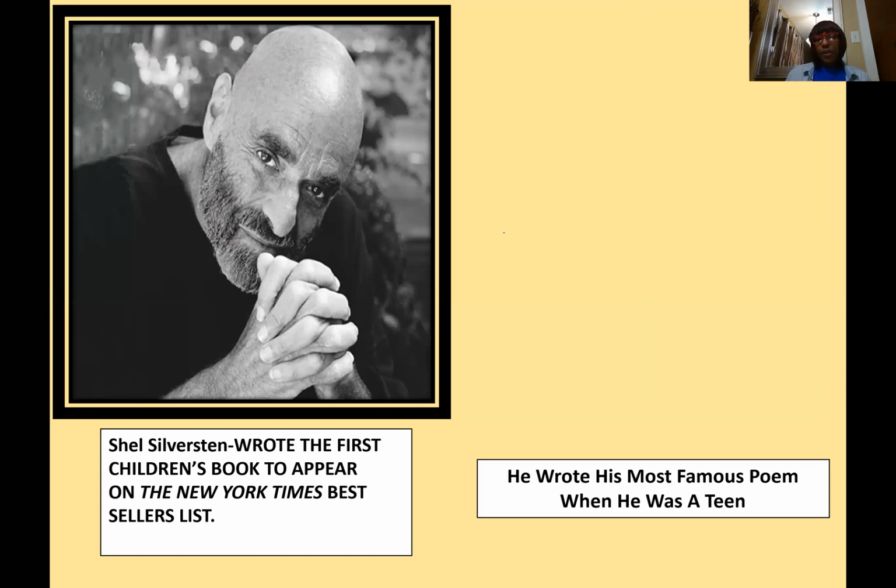Remember we used Shel Silverstein last week, and we're still going to learn more facts about him and Langston Hughes this week. What I found to be such an interesting fact was that he wrote the first children's book to appear on the New York Times bestseller list. Oh, wow. That is awesome. And don't forget, you guys, he is my favorite children's poet. He's amazing. Good job, Shel.